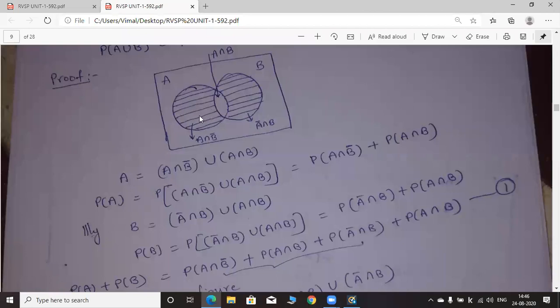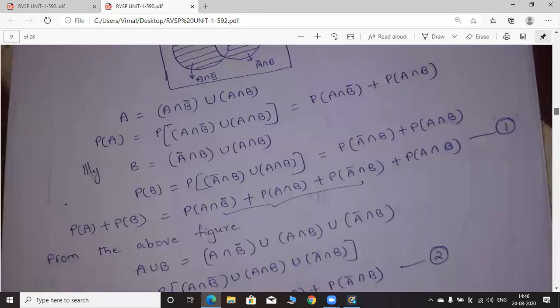So the combination of these three areas can be written as probability of A union B only.